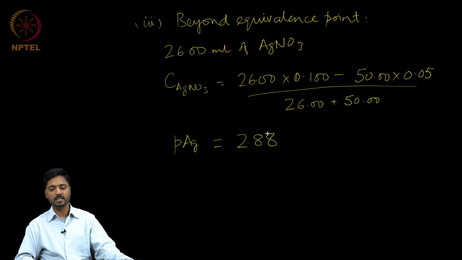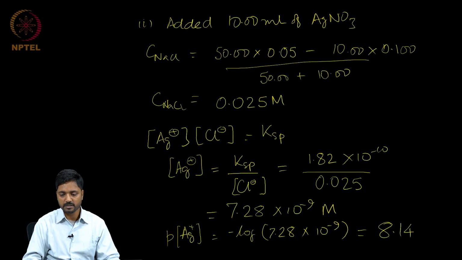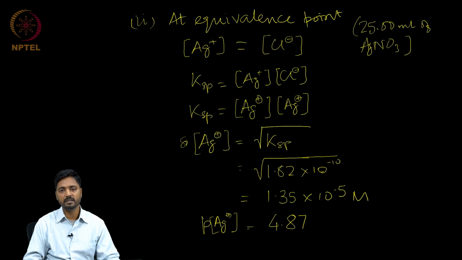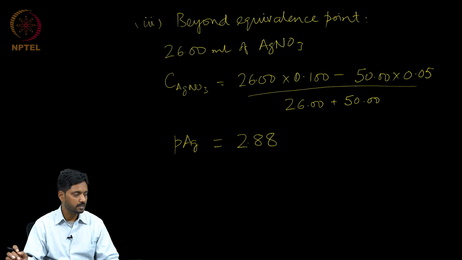So, from the initial phase where our pAg value was 8.14, at equivalence point this reduced to 4.87, and just after the equivalence point it reduced even further to 2.88. So, this can again be plotted into a titration curve. A theoretical titration curve can be generated from such calculation.